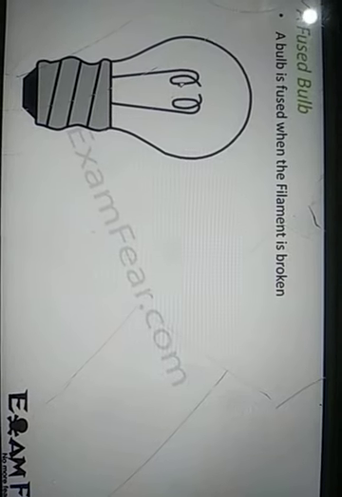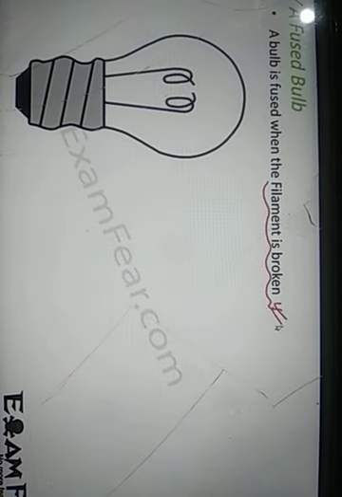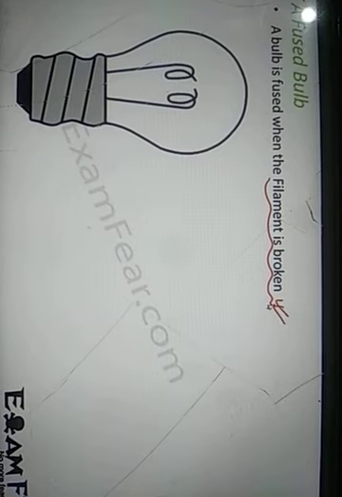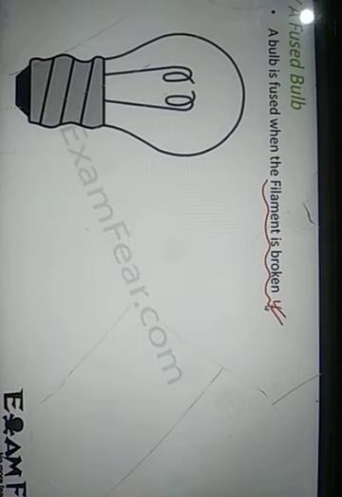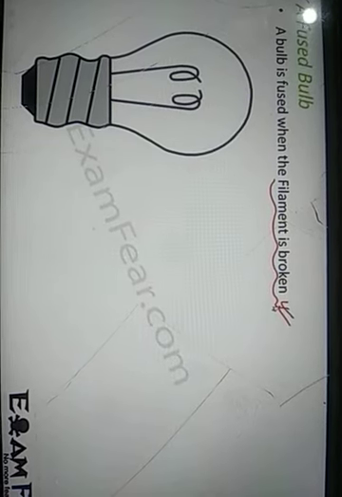So a bulb is said to be fused when the filament is broken. That is another important thing. Whenever the bulb in your house is not working, before you call an electrician, first check if the bulb is fine, if the filament of the bulb is proper or not, because many a time a bulb can fuse, and then you can change the bulb.